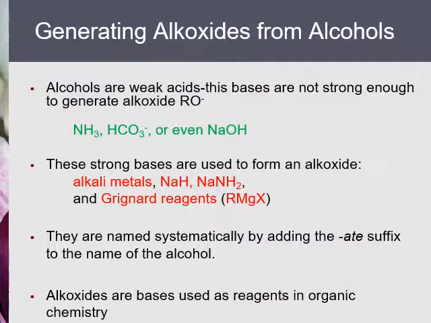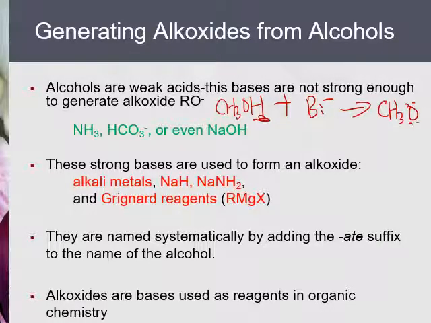When an alcohol such as methanol is mixed with a strong base, the alcohol will lose a proton and form an alkoxide. If the alcohol is methanol, the product is methoxide. If the alcohol is ethanol, the product is ethoxide. Because alcohols are weak acids, a stronger base is needed for the reaction to proceed. A base such as ammonia or even sodium hydroxide can only convert a certain percent of alcohol into alkoxide.